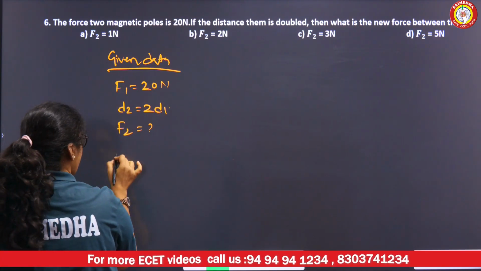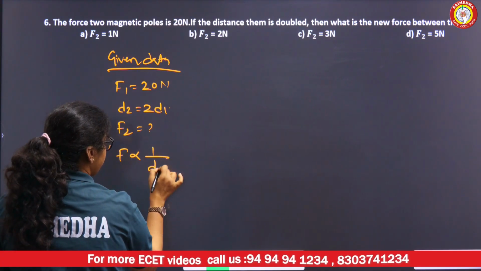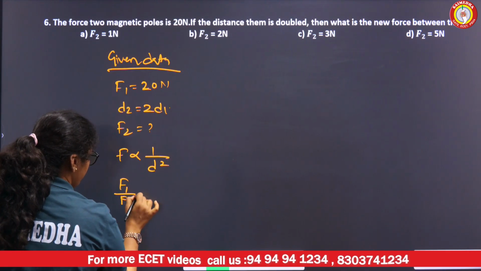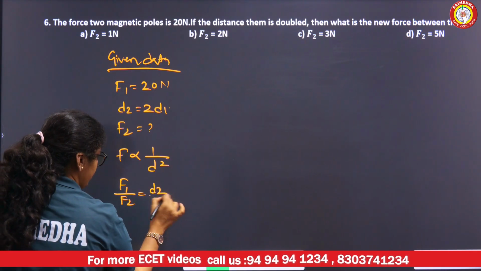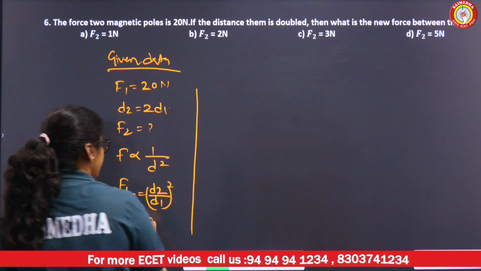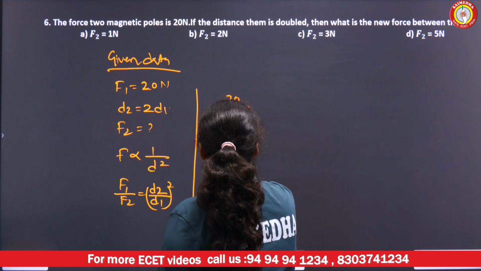For this also I have to know the inverse square law. F is directly proportional to 1 by D square. So I get F1 by F2 is equal to D2 by D1 whole square. Clear? What is the value of F1? 20. So 20 by F2.